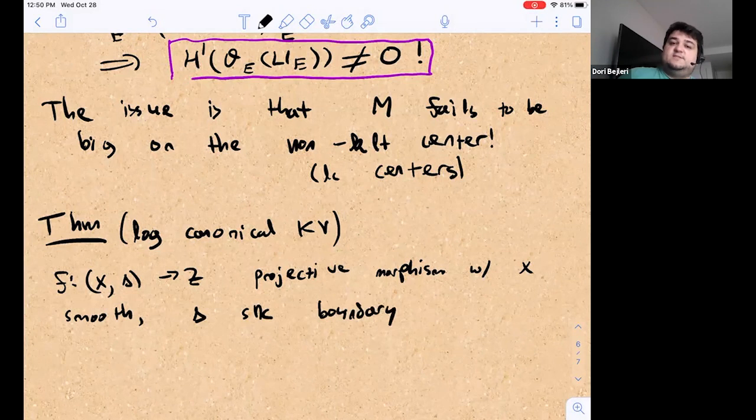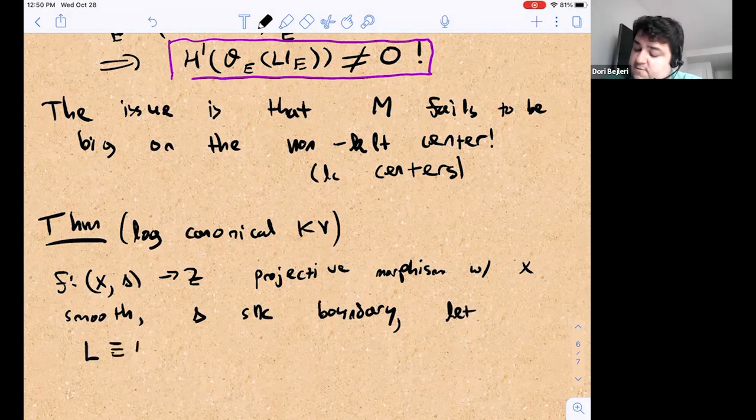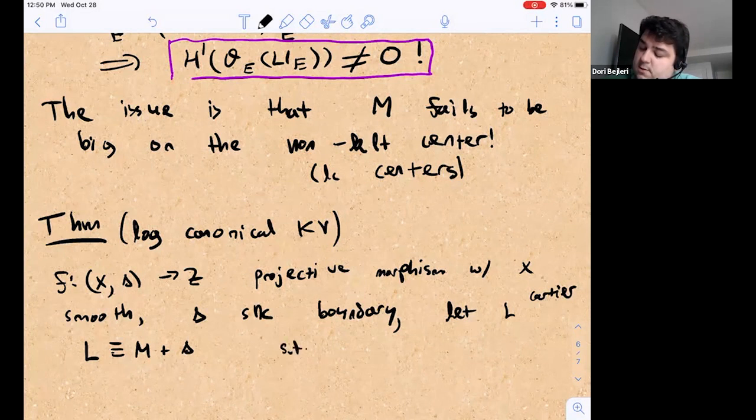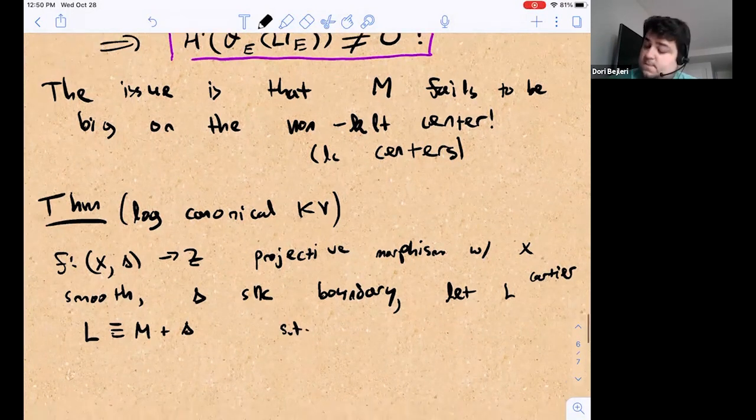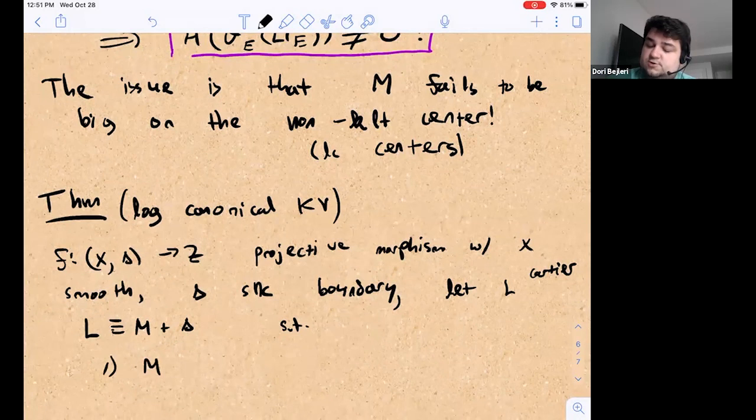And so recall, whenever I say boundary, I mean the coefficients are between 0 and 1 as well. So Δ is in particular effective. And let L be equivalent to M plus Δ, where L is Cartier, and 1, the usual assumption that M is f-nef and f-big.